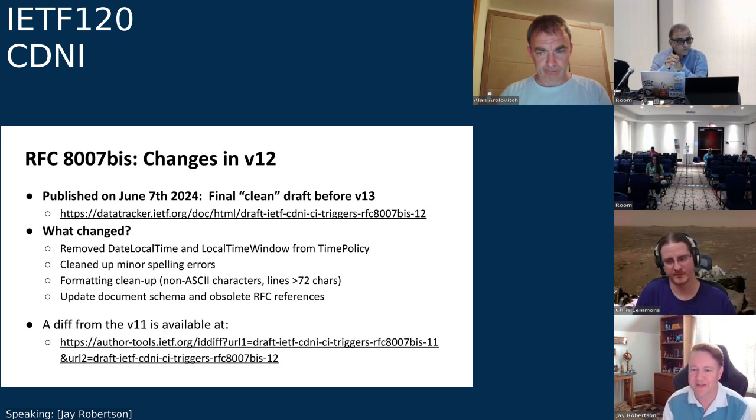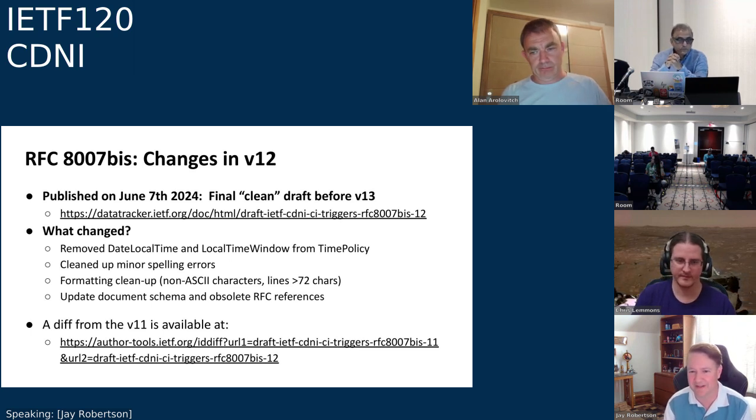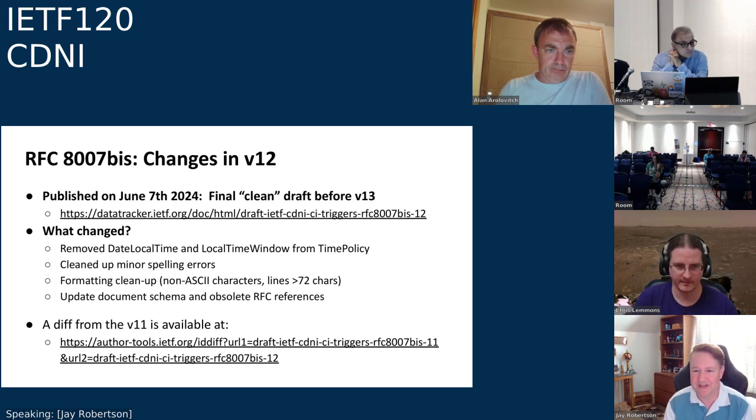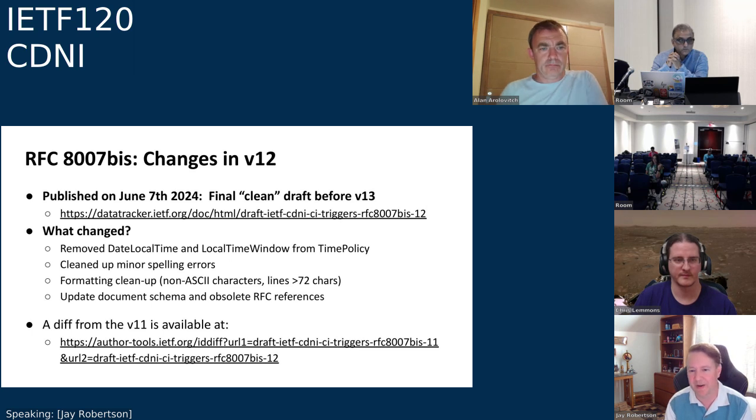Since this came from RFC 8007 and a lot has changed since that point, there were some RFC changes from 7230 and friends over to 9110 and friends. So that gave us what we consider to be a clean copy going into the version 13 changes. And again, there's a link here that will give you the changes for version 12 at the bottom of this slide.